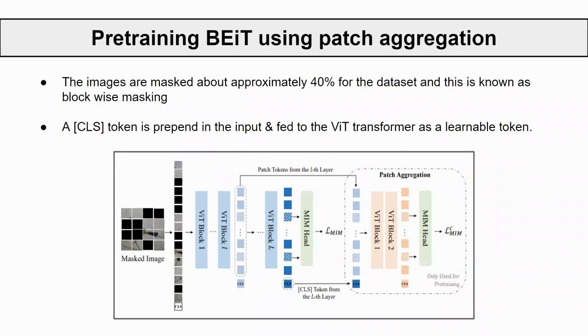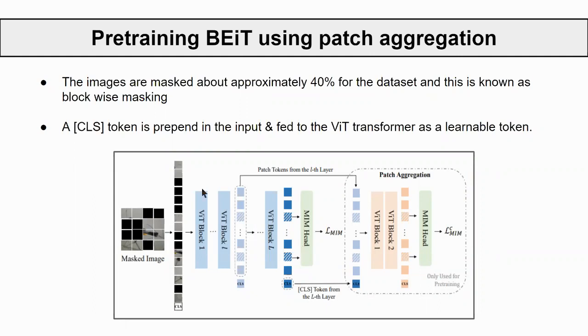Next comes pre-training BEIT. Like mentioned, a masked image modeling strategy is used in BEIT, where some percentage of images are masked randomly and then the visual tokens are predicted with respect to these masked images.